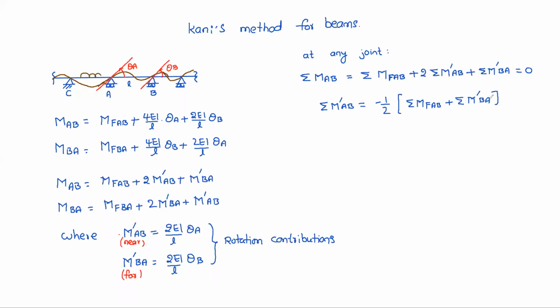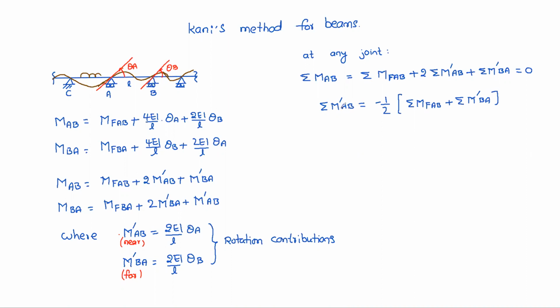What is that? Sigma of M dash AB, that means sum of near end contributions, equal to minus half of sigma of fixed moments at the joint plus sigma of far end contributions. So this is the equation. So here sigma M dash AB, what is that M dash AB? Rotation contribution at near end.